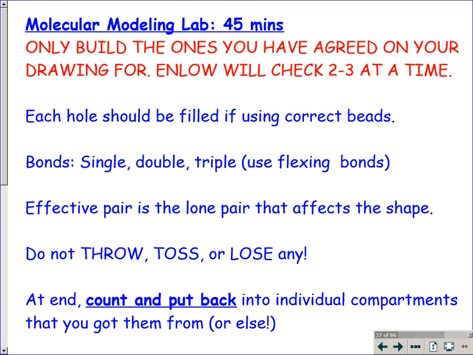Okay, so H2SE. Yeah, that makes a lot of sense.